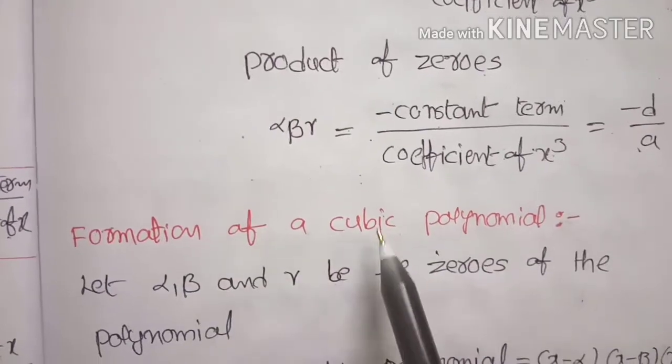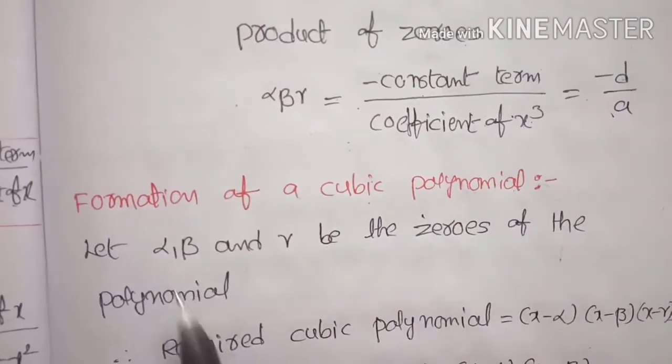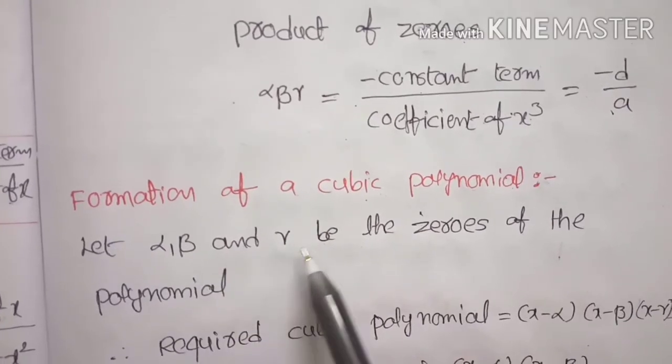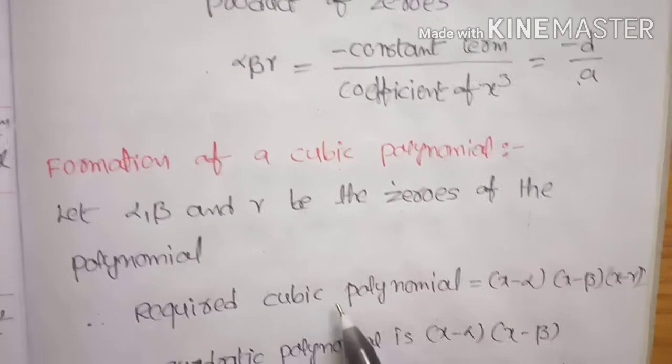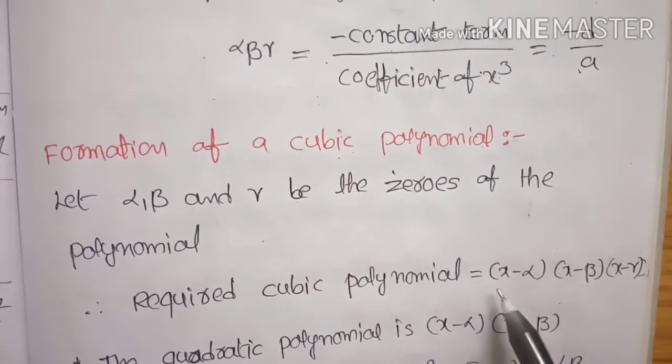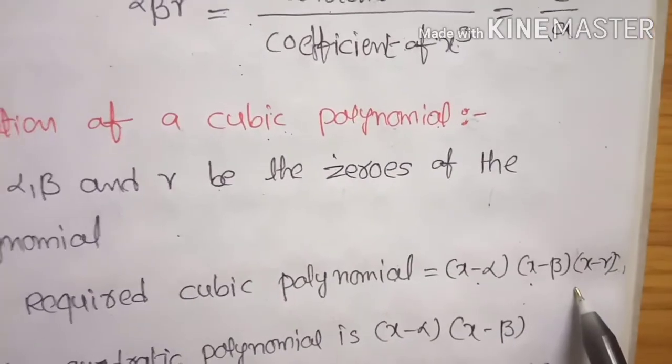Next, formation of a cubic polynomial. Let alpha, beta and gamma be the zeros of the polynomial. The required cubic polynomial is x minus alpha into x minus beta into x minus gamma.